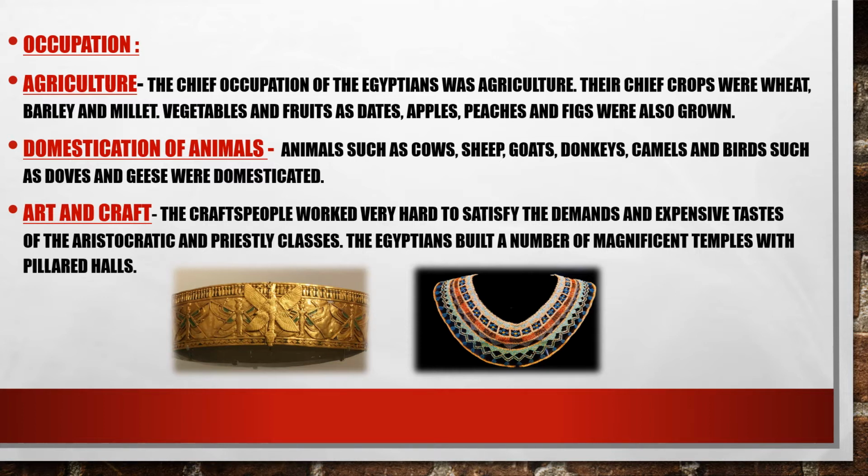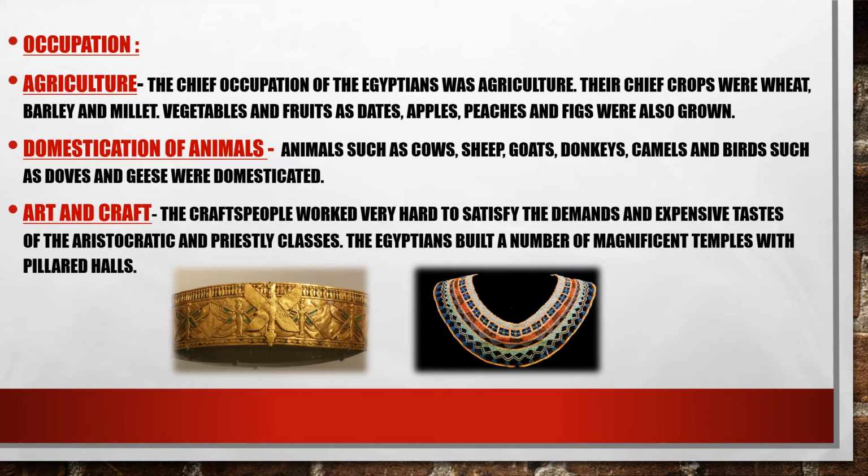Not only this, the sculptors carved large stone statues of the kings and the gods, while the artists decorated the tomb walls with exquisite paintings. These paintings actually tell us a great deal about the lifestyle of the early Egyptians, and we come across so many beautiful monuments.